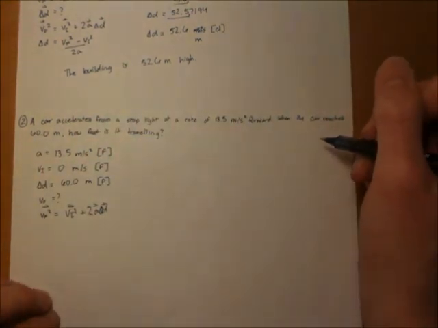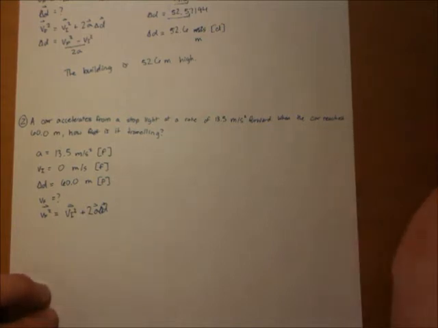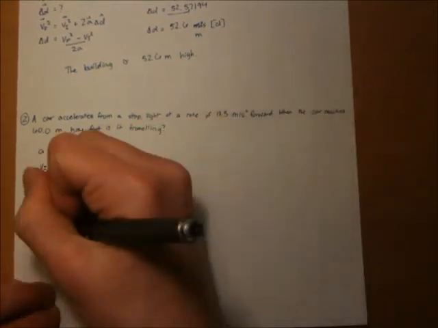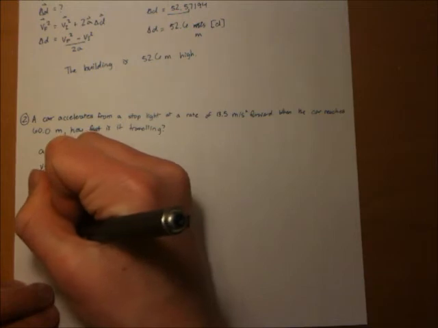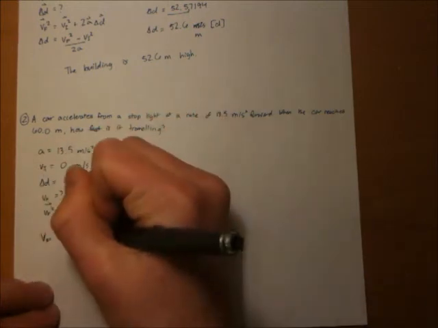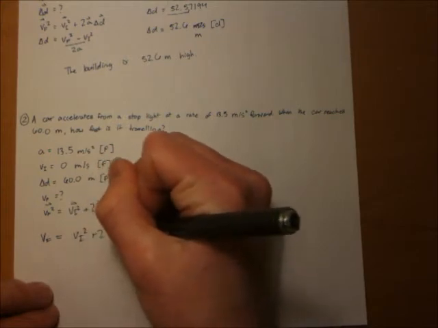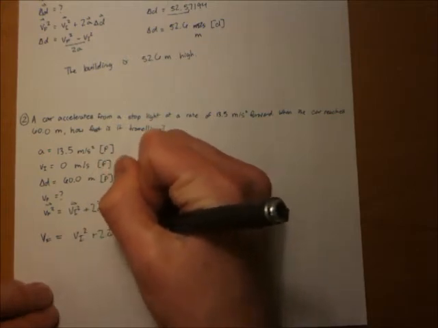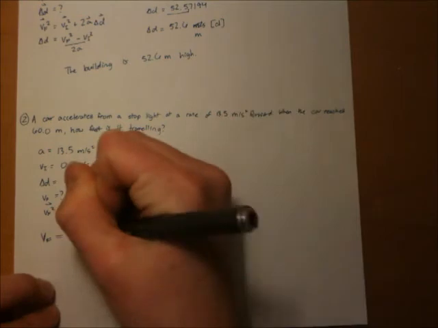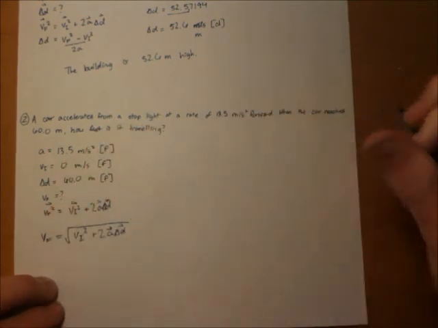Then we have to rearrange it to solve for our final velocity. This is rather easy in this case. Velocity final is equal to the square root of velocity initial squared plus 2 times acceleration times displacement.